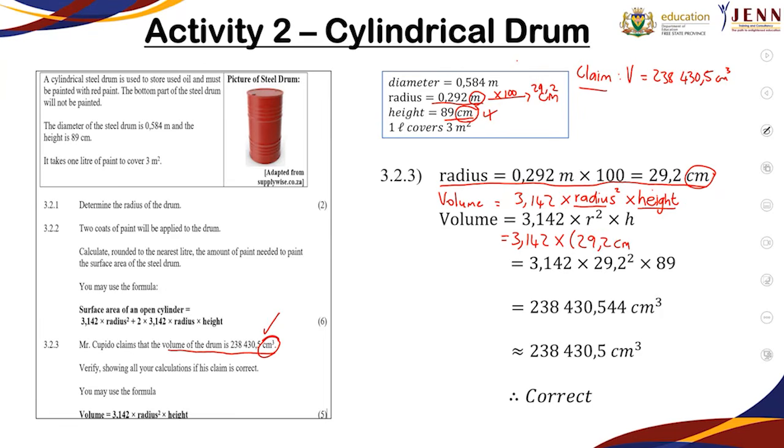So let's substitute into the formula. It's going to be 3,142 multiplied by my radius, which is 29,2 centimeter, and I square them. Learners, you must remember that you must put your square and your unit in a bracket when you do substitution. Then I'm going to multiply by my height, which is 89 centimeter.